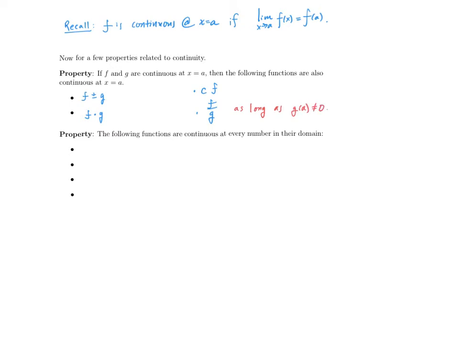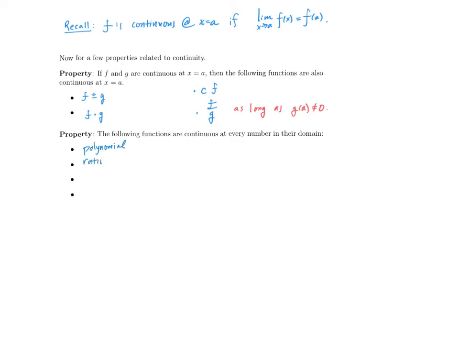And this will allow us to immediately make some further observations. The following functions that we are very familiar with are going to be continuous wherever they are defined. That is to say, at every number in their domain. The first two come as no surprise, as we've worked with them in the previous section.